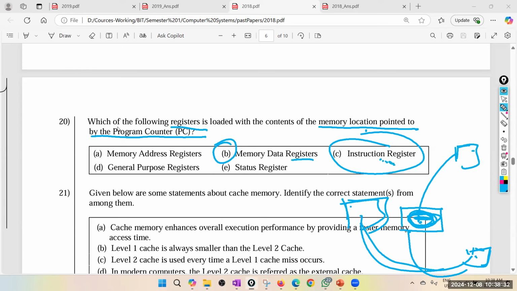It says which of the following registers, in plural. So not general purpose register, not status register, not memory address register, but the content is what matters. So possibly I will go for B and C, but ultimately it will be the instruction register.